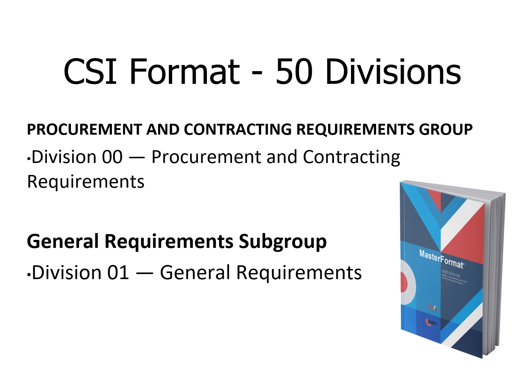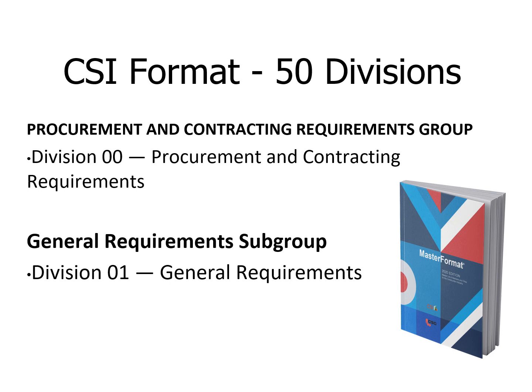Now, I mentioned CSI MasterFormat is now 50 divisions. It was actually 16 technical divisions, but then there was a Division 00 for procurement and contract requirements, bidding requirements, making it 17.